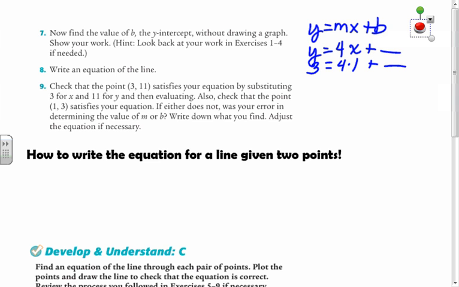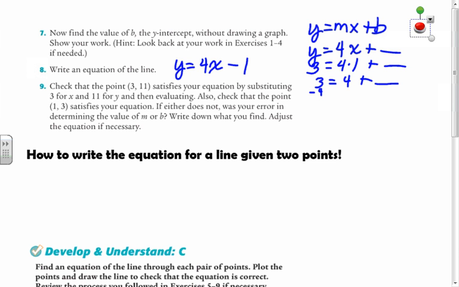So whatever I add there has to make that true. So 3 equals 4 plus b. And you could subtract 4 from 3 to figure that out, which is -1. So my b part is -1, so the equation of the line is just 4x plus -1, or 4x minus 1.